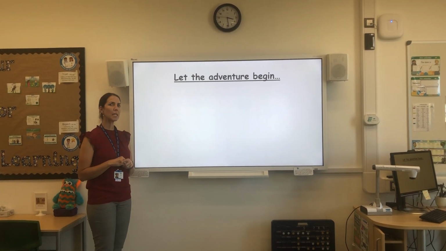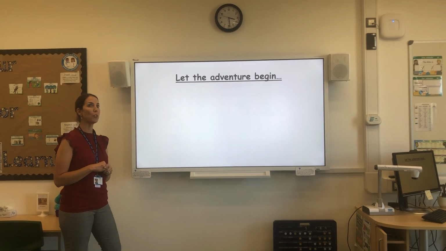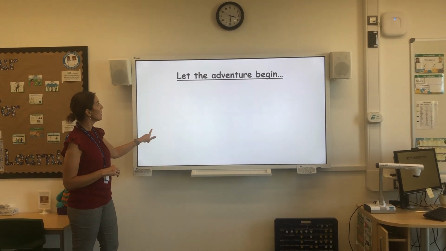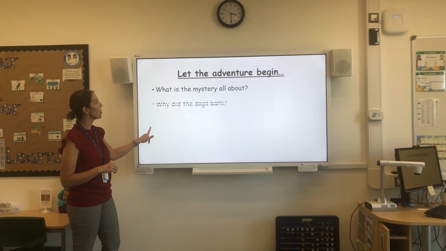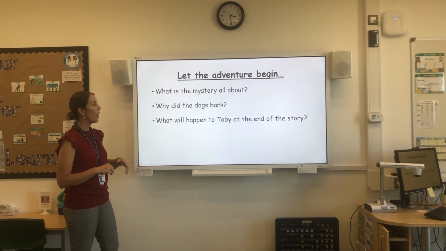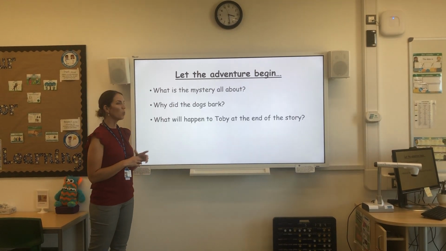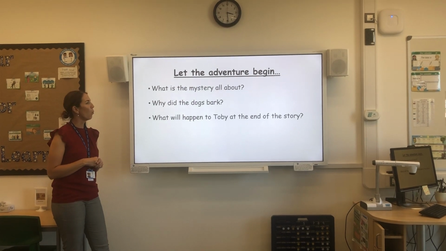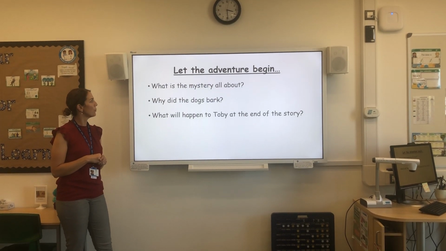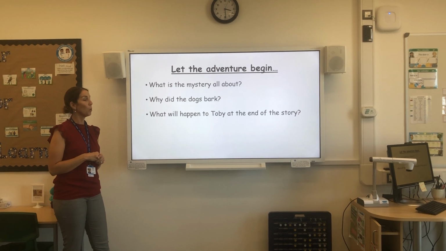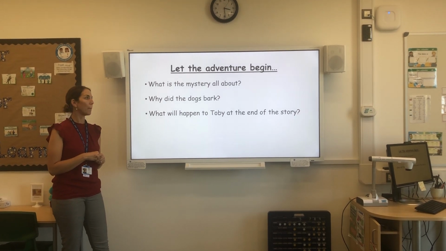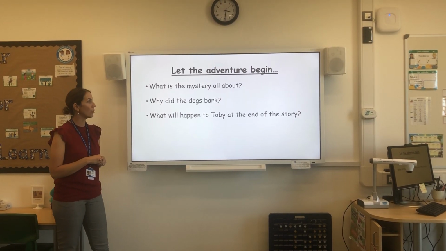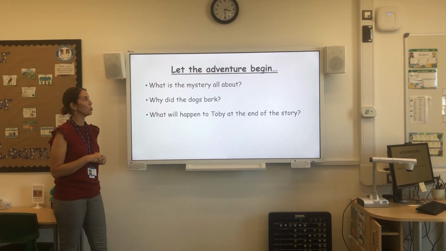Now as we're thinking about our adventure and Toby's adventure, there might be different things going through my mind. I might be thinking, what is this mystery all about? I might be thinking, why did the dogs bark? And I must also be thinking, what will happen to Toby at the end of my story?